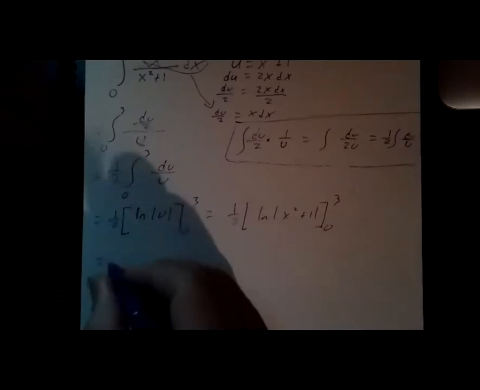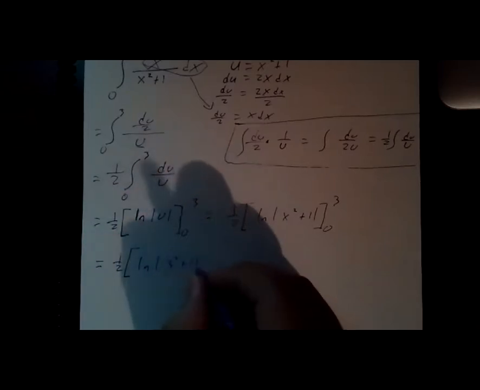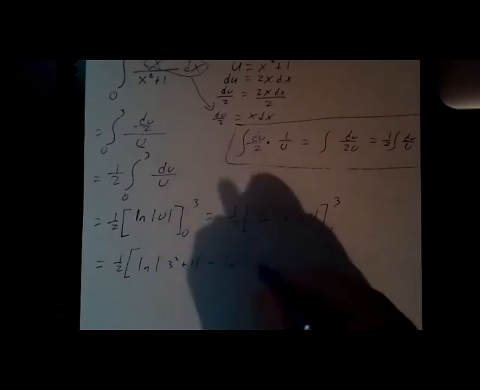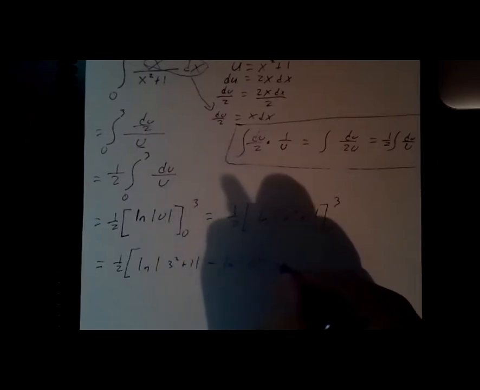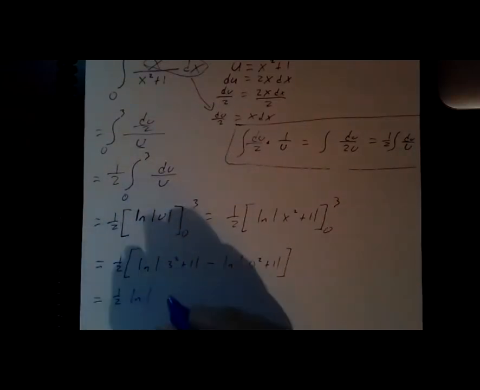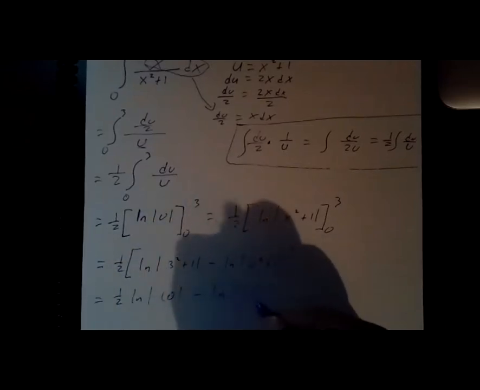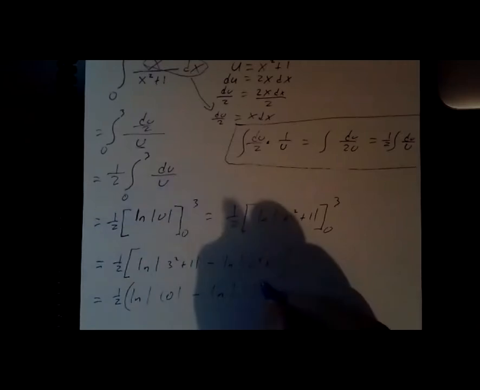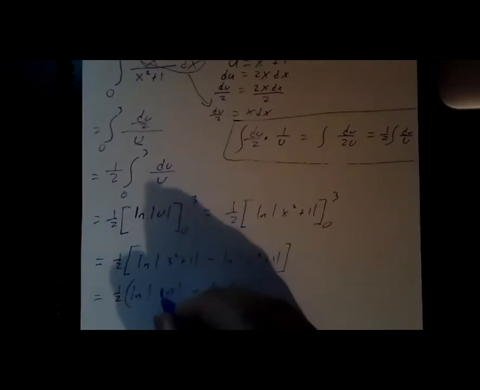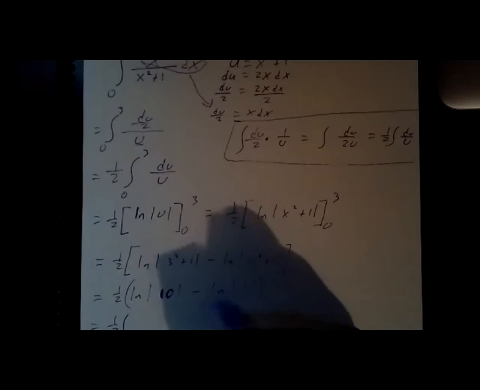Okay. So we'll have 1/2 times ln of 3 squared plus 1 minus ln of 0 squared plus 1, which will be ln of 10 minus ln of 1, right? So this is going to be 0, right? But who cares?